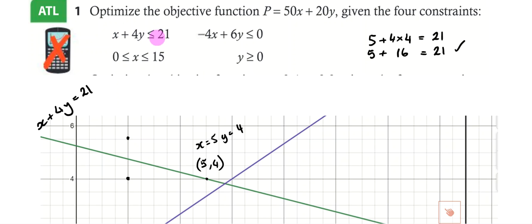So let's check. I'm going to pick that point, which is 4 and 5. So 4 plus 4 times 5 is 4 plus 20, which equals 24, and that is greater than 21. So I'm only allowed where it's less than 21.